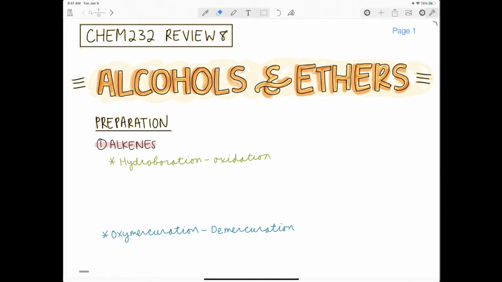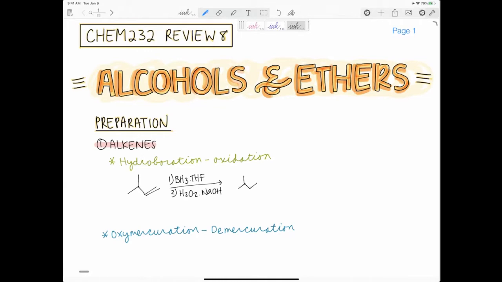Let's do a little bit of a recap with alkenes. Who here remembers what hydroboration oxidation is? Say I had this molecule as a starting material, and I treated that with borane and THF, and then peroxides and sodium hydroxide.